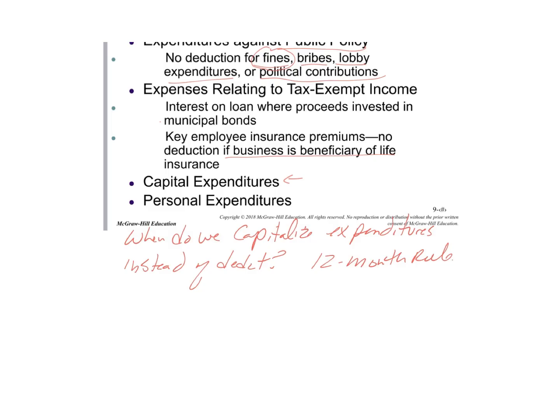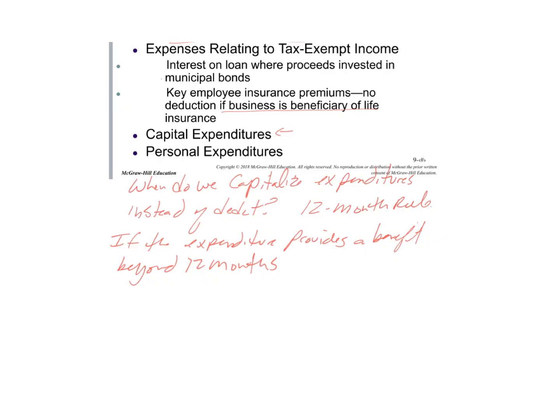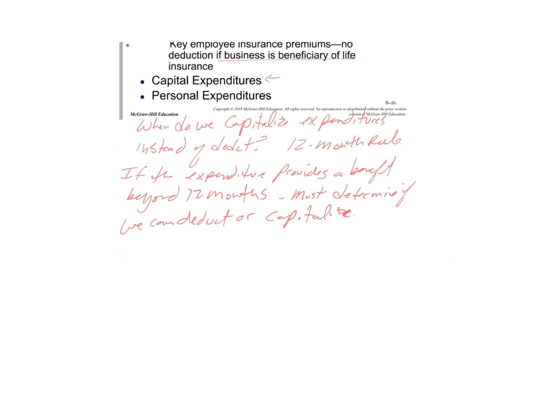So if the expenditure provides a benefit beyond 12 months, then we have to look at the nature of that and determine if we can deduct or capitalize. All right, so what does that mean?